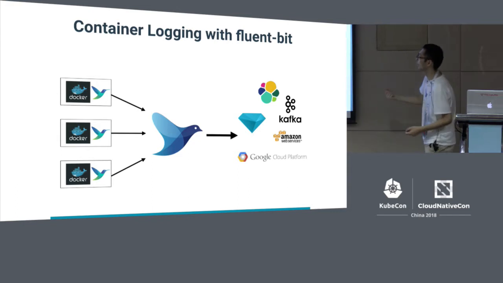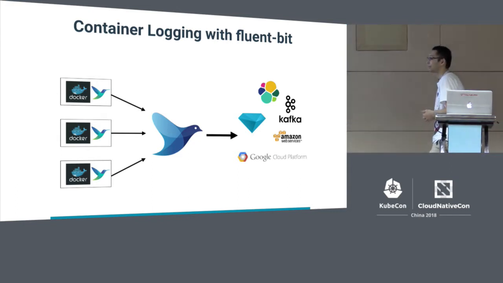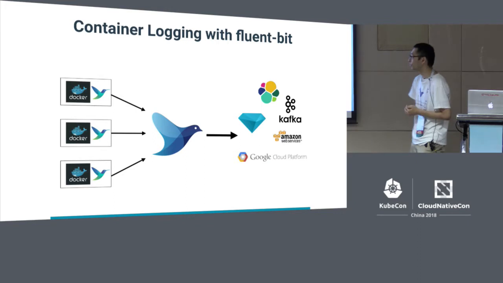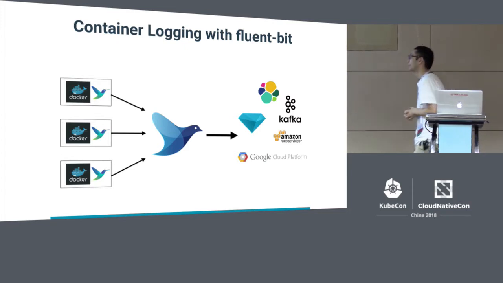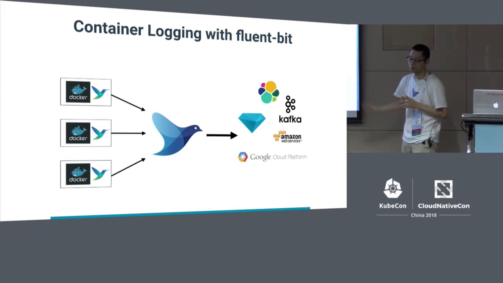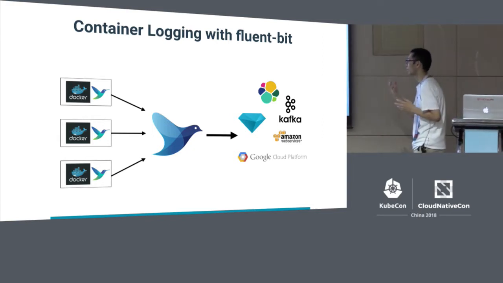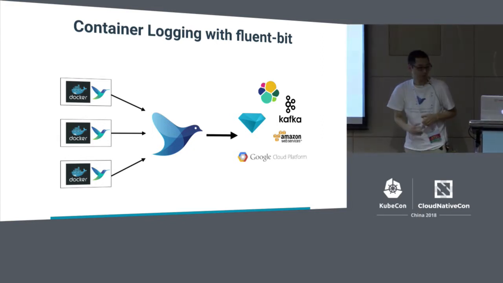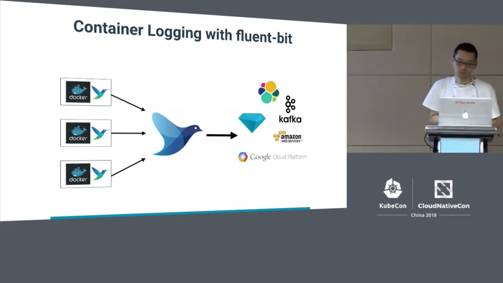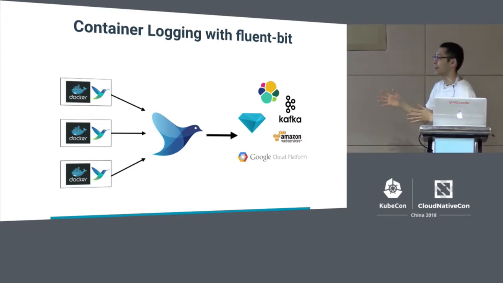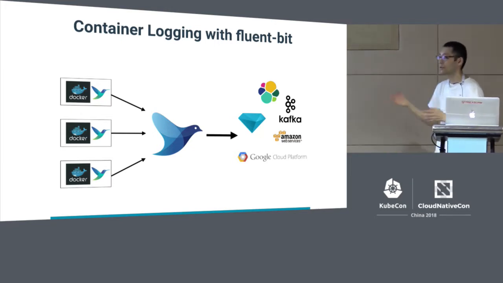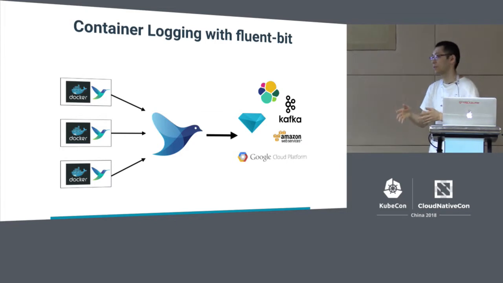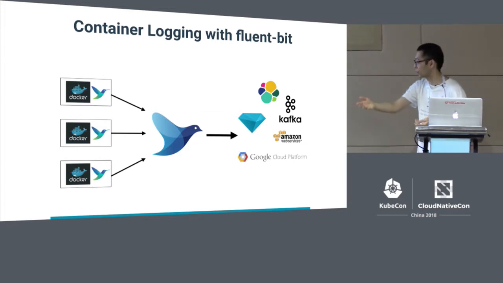You can replace the forwarder side of Fluentd with Fluent Bit, which is very resource friendly on the forwarder side, and keep Fluentd's flexibility on the aggregator side. So you can easily reuse all the Fluentd plugins and easily connect to any destinations. There is a talk about Fluent Bit tomorrow, so if you are interested in Fluent Bit, please join tomorrow's talk by Eduardo.